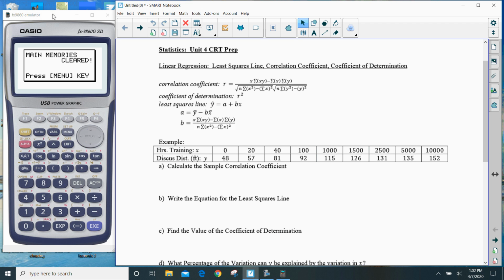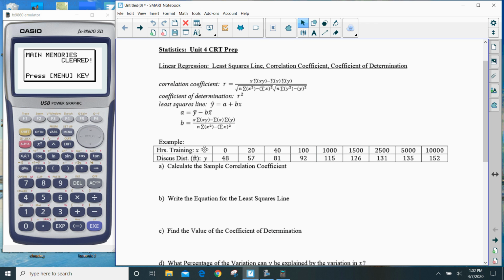Without this type of calculator, this is going to be pretty difficult. It's not impossible, but it's more difficult than what I want to get to in this video. So if you can, take a moment and get this calculator, or get on a computer that can support this emulator for our Casio calculator.